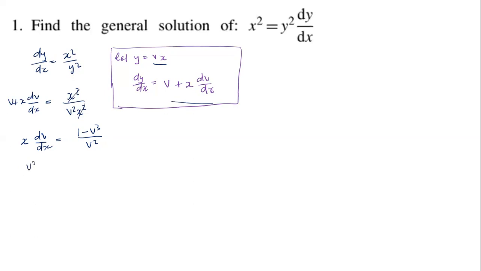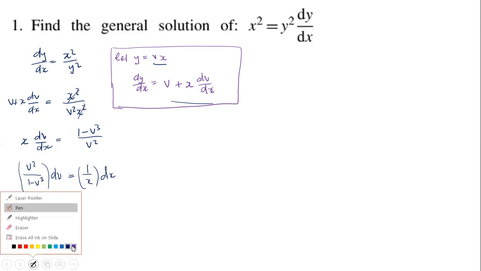So I'm going to have v squared divided by 1 subtract v to the power of 3, let me close them inside the bracket, multiplied by dv. And on this side, I'm also going to multiply by the reciprocal of x so that it moves with dx. So I'm going to have 1 over x dx. Now we can see that our variables have been separated. So now after separating these variables, which function are we going to perform?